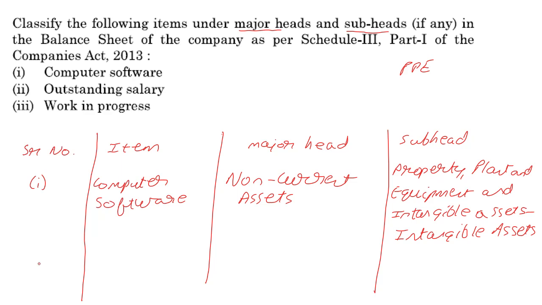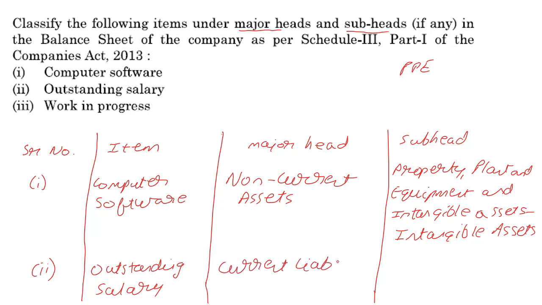There's no way out. Second, we have outstanding salary. Outstanding salary is something that we know by default goes in current liabilities. Now, current liabilities is a major heading.